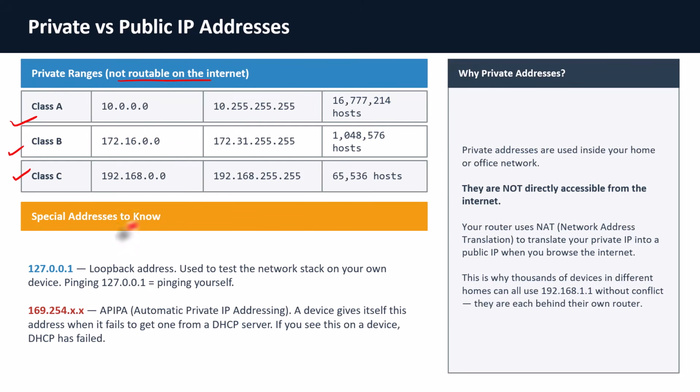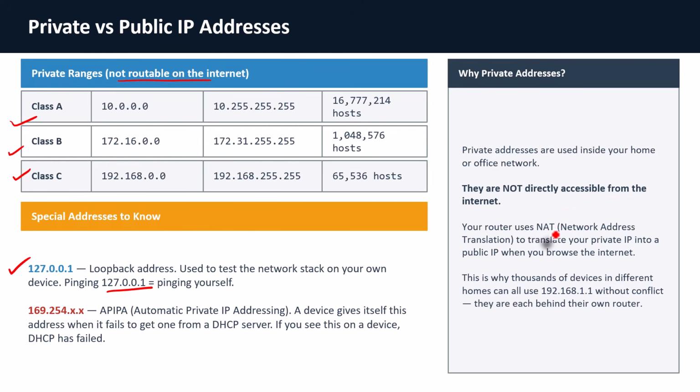There are some special addresses like the loopback address, which is used to test the network on your own machine, for example when pinging. There are other addresses we may not discuss here. These private addresses are used inside your home, school, or office, are not routable on the internet, and do not directly access the internet per se.